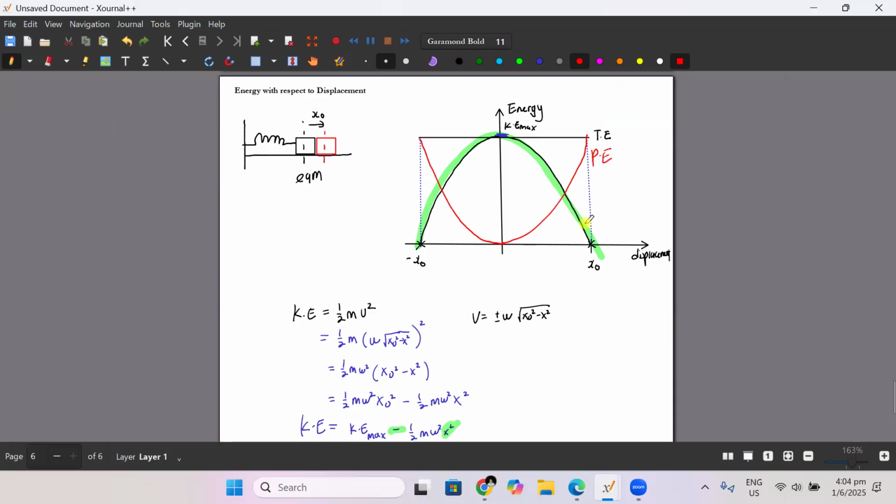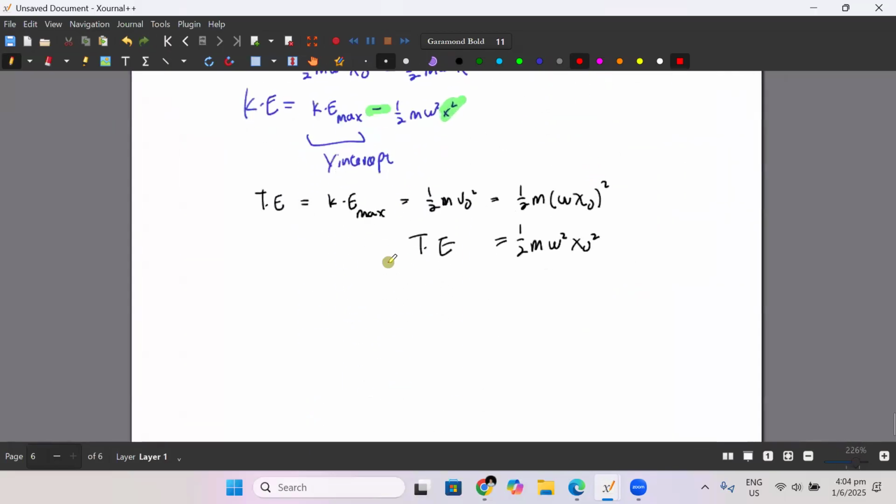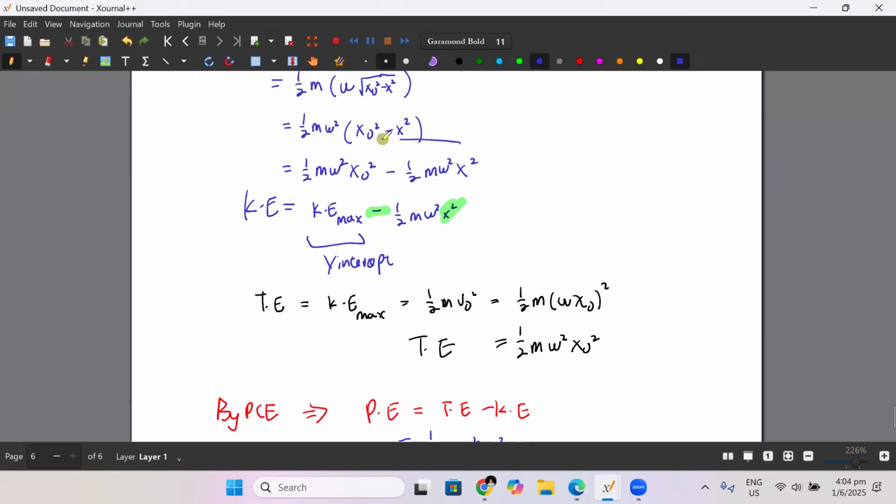Now, if you want the formal equation for this, we can easily get it. So I hope you agree by PCE, principle of conservation of energy, then potential energy is just total minus KE. The good news is we got total now, right? So it's just half m omega square x naught square minus this thing, right?